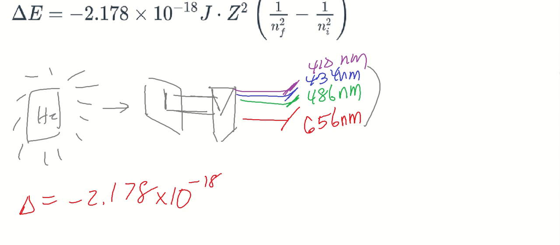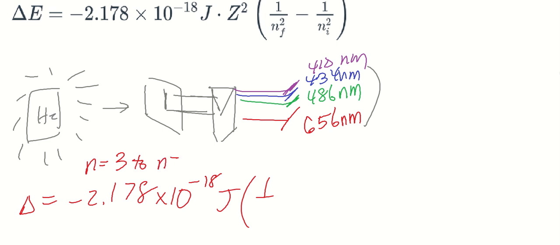Z is going to be 1 because hydrogen only has 1 proton, but this would work if it was an ion of some higher atom. Let's go 1 over n final squared. This is going to be from n equals 3 to n equals 2.